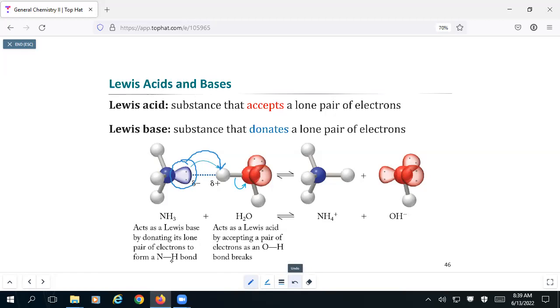Now, this hydrogen atom has no need for the electrons in this bond, so the electrons in this bond go back onto the oxygen, and that's how the oxygen ends up with 3 lone pairs in the form of the hydroxide ion.